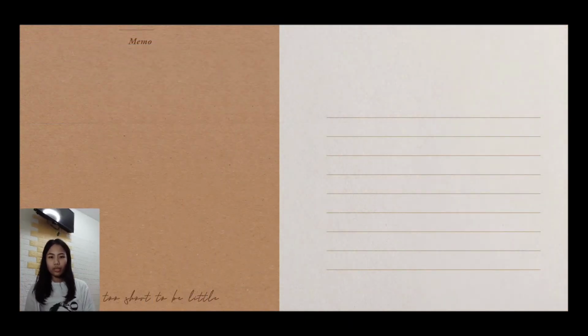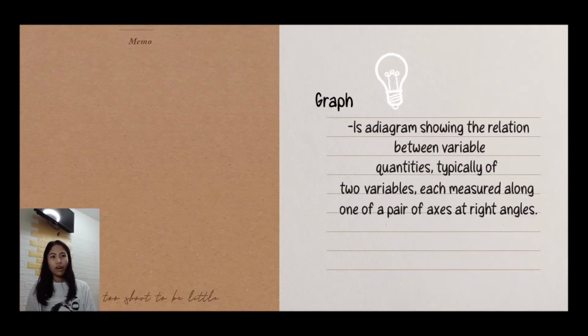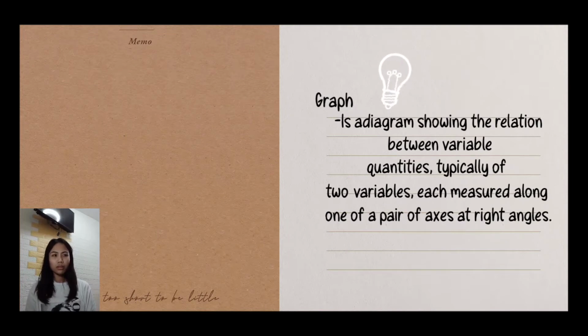Next, in order for us to know about our topic, here are the terms and definitions of pictograph or pictogram. First we have graph. A graph is a diagram showing the relation between variables, typically two variables, each measured along one of a pair of axes at right angles.